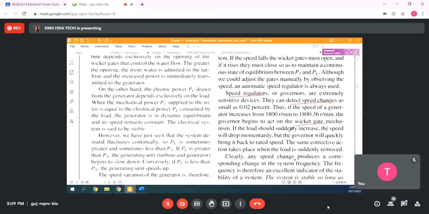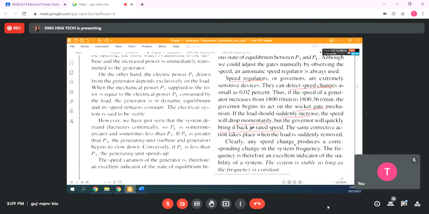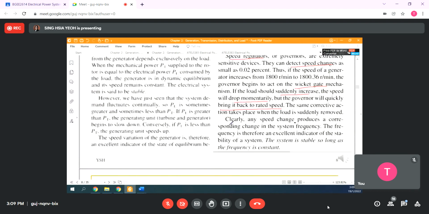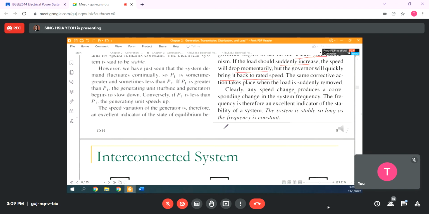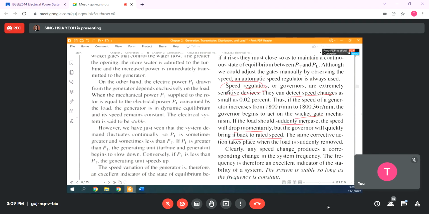So if the load suddenly increases, the speed will drop. When the speed drops, it will quickly bring it back to the rated speed. So this is how it works. So you can maintain almost instantaneous power supply because of this speed regulator. Okay, any question?